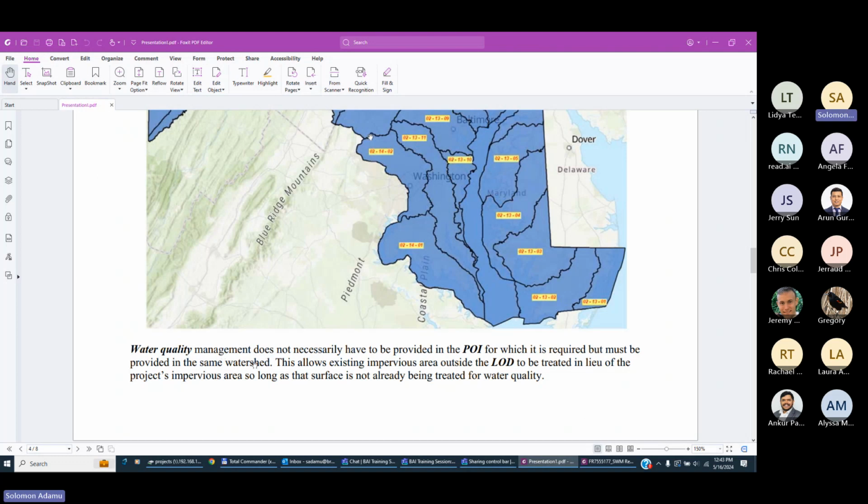So water quality management does not necessarily have to be provided in the POI for which the requirement arises, but it must be provided in the same watershed. These allow existing impervious area outside the LOD to be treated in lieu of the project's impervious area, so long as the surface area is not already being treated for water quality.